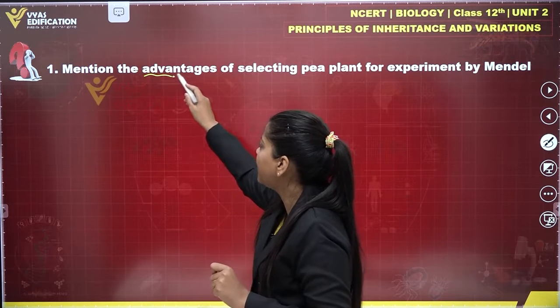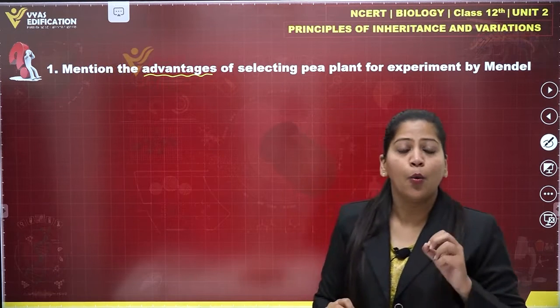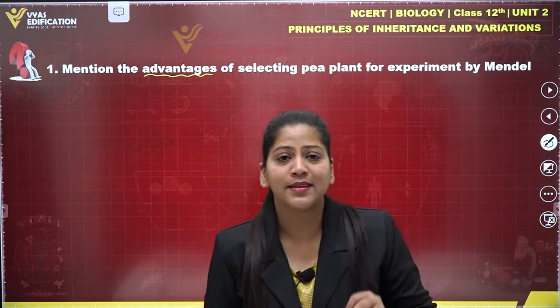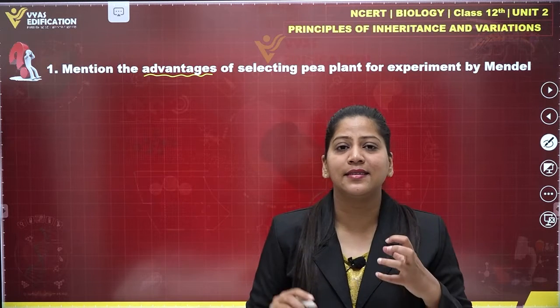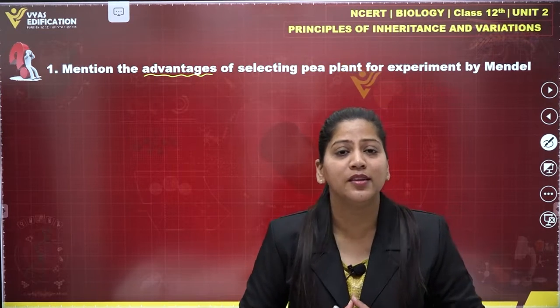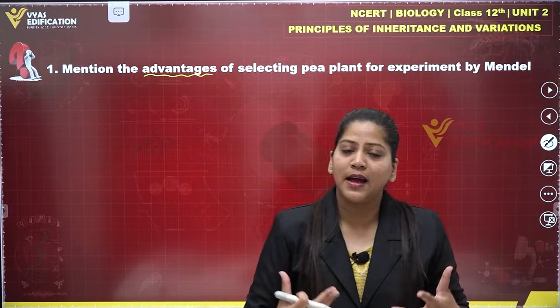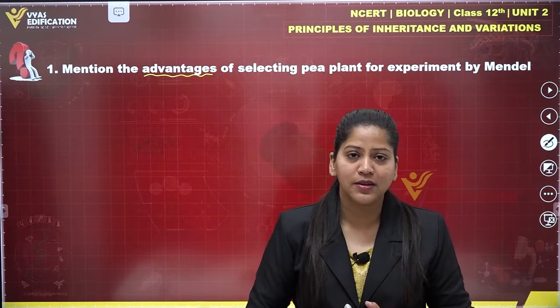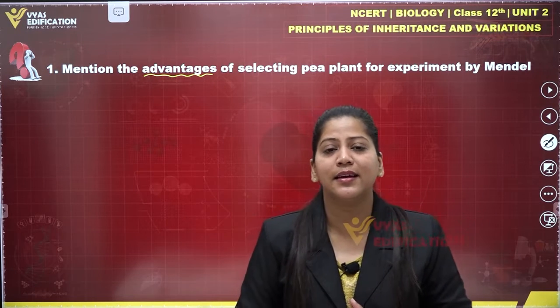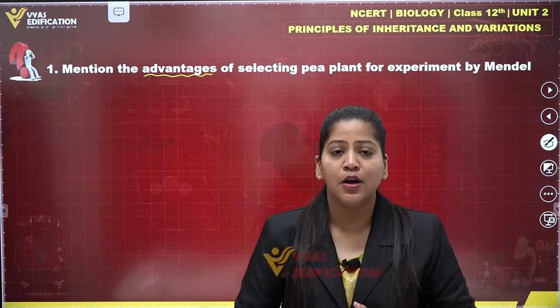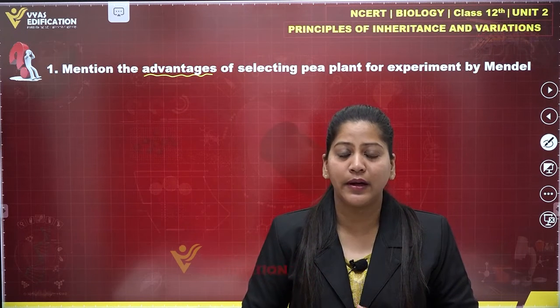So we have to mention some advantages of why the scientist Mendel has selected pea plant for his experiment. Pea plant has various kinds of advantages. That's why Mendel has selected this plant.